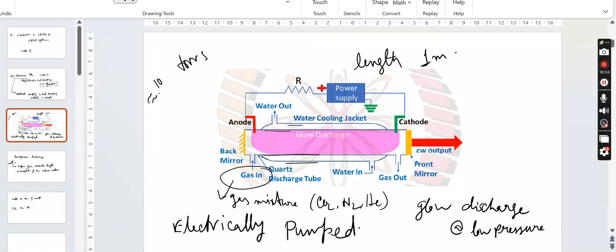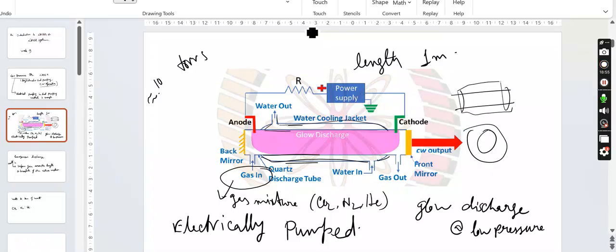The water flows in this container, which surrounds the inner container where the gas flows. The cross section is like this. This is the gain medium and this is the water.